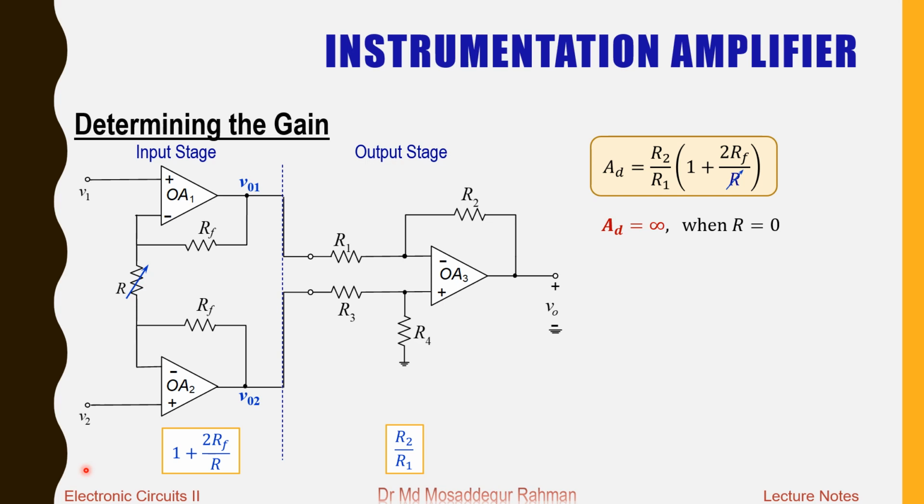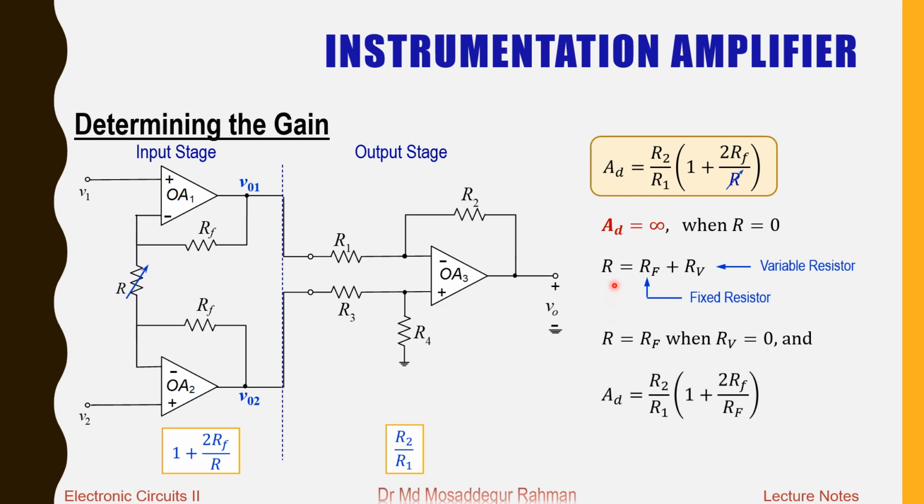So in order to avoid short circuit, what we do, we put a small fixed resistance in series with the variable resistance. So now R, instead of just one single variable, will be composed of a fixed resistor in series with the variable resistor. So if the variable resistor becomes 0 at any point of time, the resistance R will be Rf.